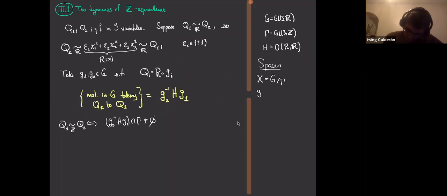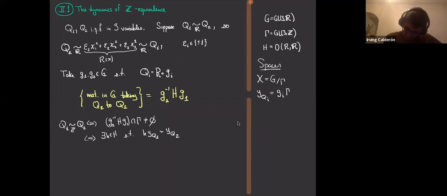And then we have 2 points, y_Qi, that is G_i gamma. So in other words, this is equivalent to saying that there is an h in H that moves the point y_Q1 to y_Q2.